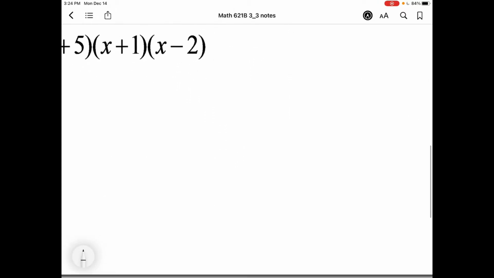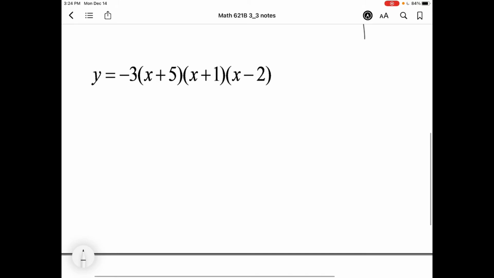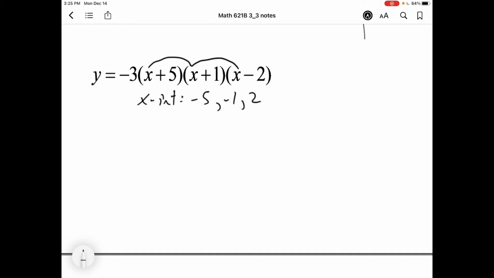Similarly, we could take a look at this one down here. It would have x-intercepts at -5, -1, and 2. This one would be, let's see, x times x times x. That would be degree 3. So it would be an odd degree. And notice it has a negative leading coefficient. Okay? So odd and negative has this kind of look.